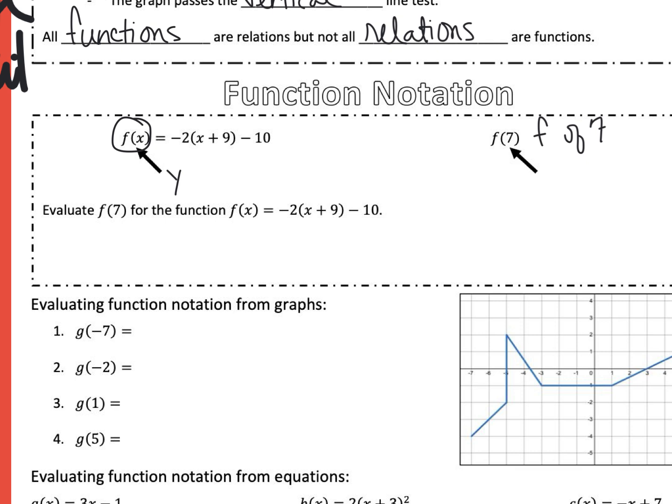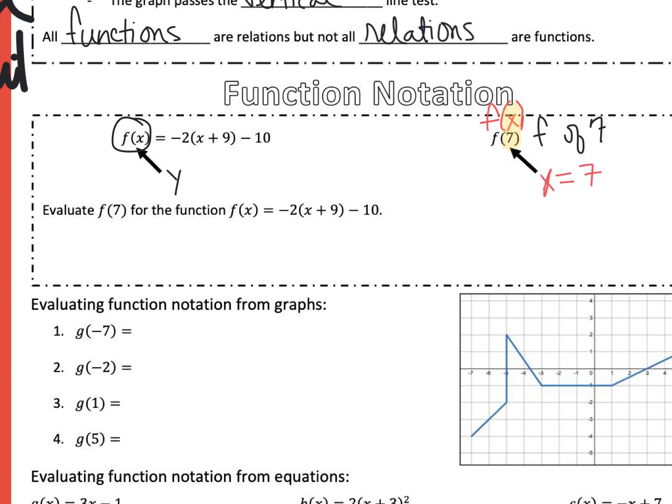So what that means is if I was to write f of x above that, I can see, in fact, that my x is in the same spot as the 7. So what this is saying is that x equals 7.